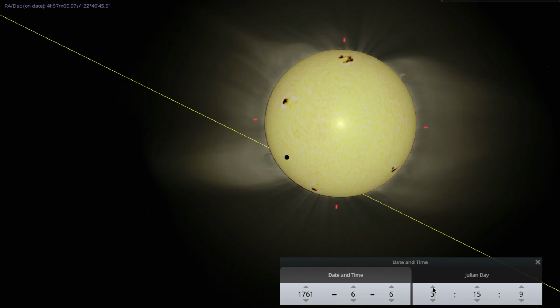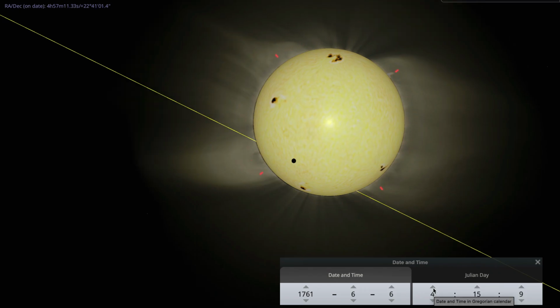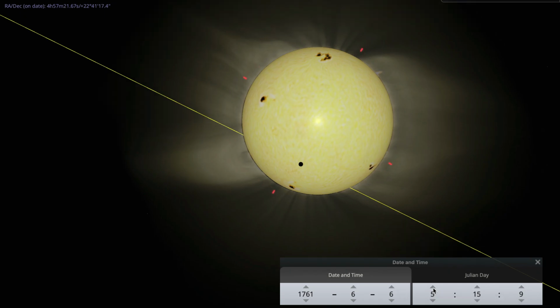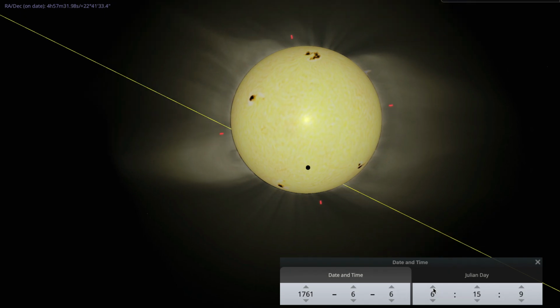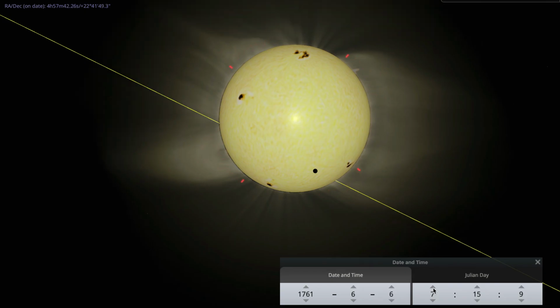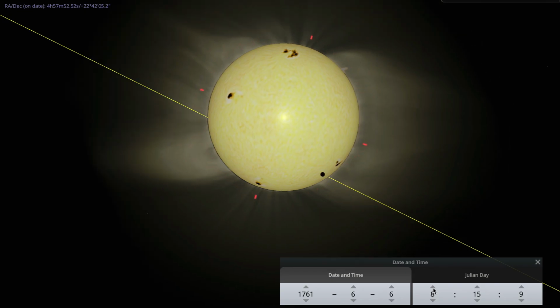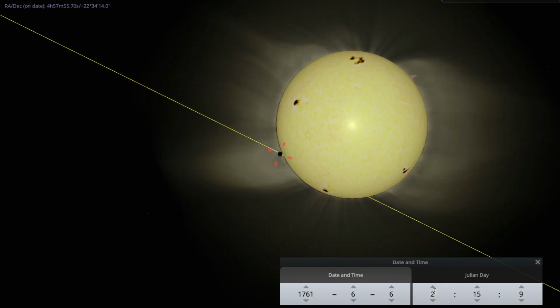So 57 minutes, 57:11, 57:21, 57:31, 57:42, 57:52.